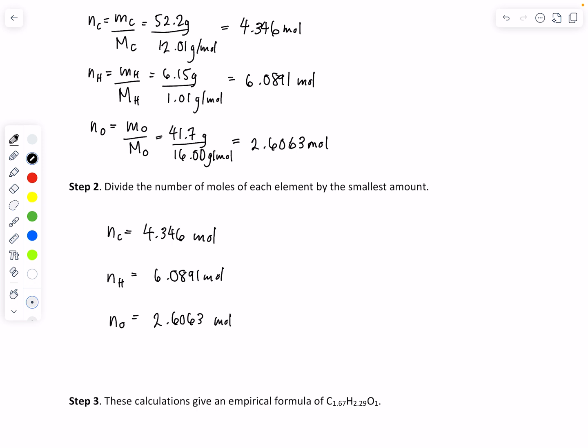Now we're going to do as we did in the previous examples, where we divide each of these by the smallest number of moles present. So the smallest number of moles is 2.6063. Divide everything by 2.6063.